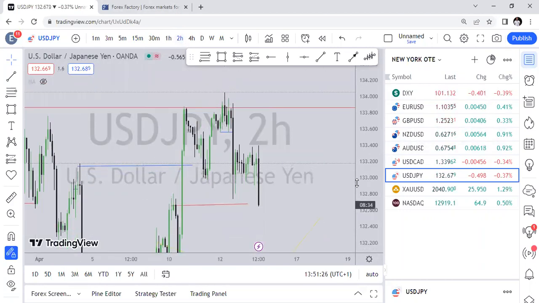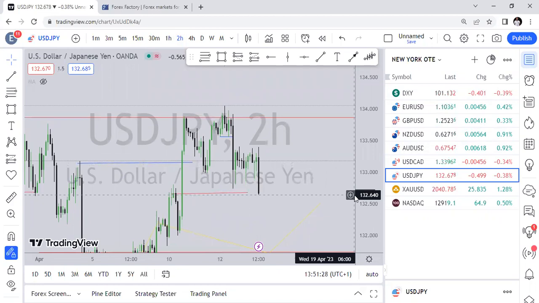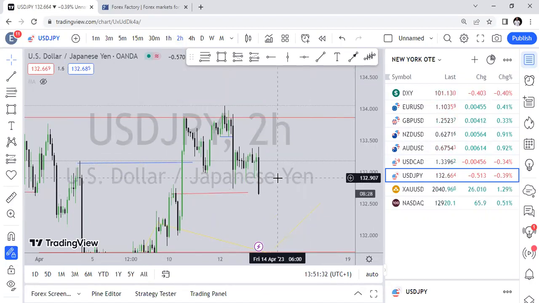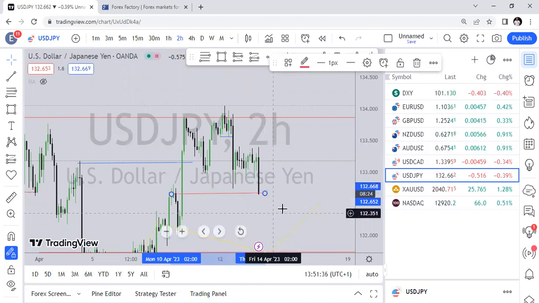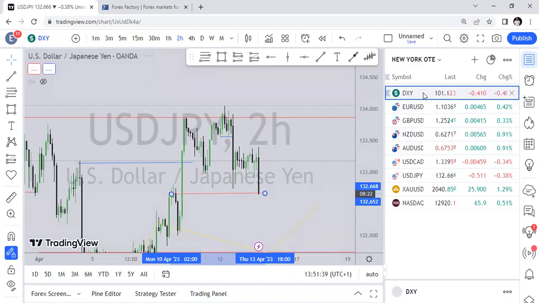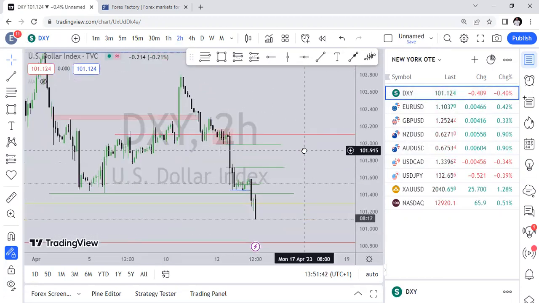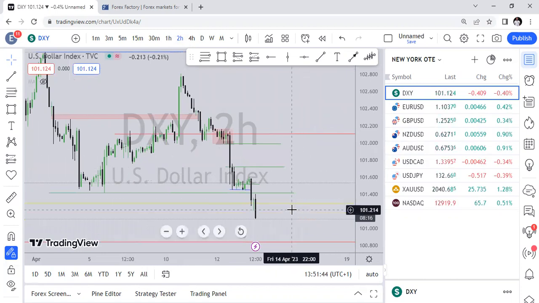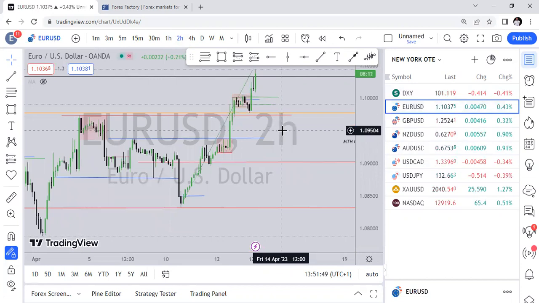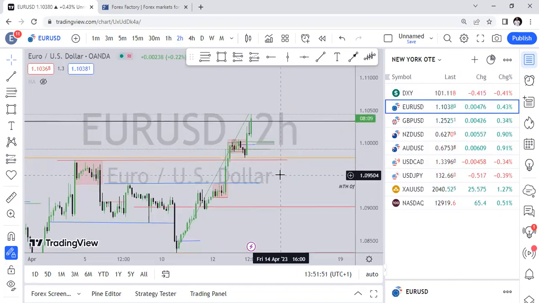So when you note these correlated pairs, the relationship that exists between them, it helps you in picking out pairs to trade. We can use the dollar as an indicator to find out what the dollar is doing, and then look for pairs paired with it to go the opposite direction.